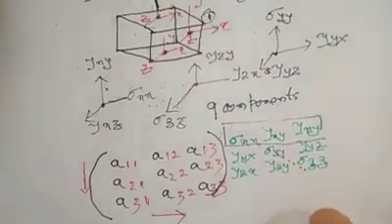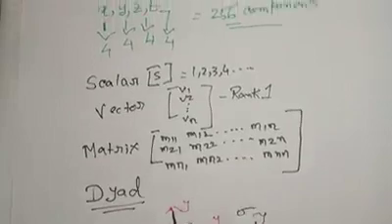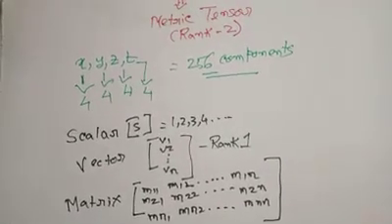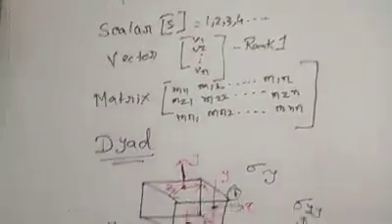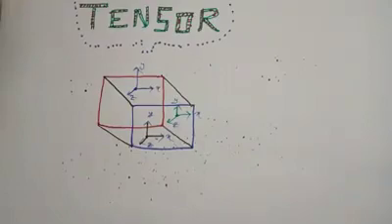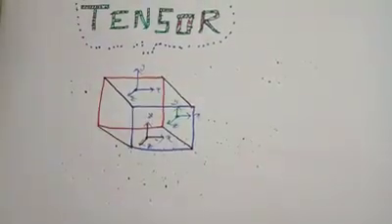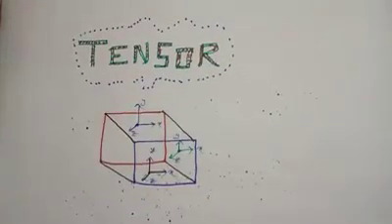Let me see if we can summarize things up. We know Einstein's general relativity and the metric tensor. We have also seen different definitions of tensor, which we covered earlier, and that brings us to the end of this session.